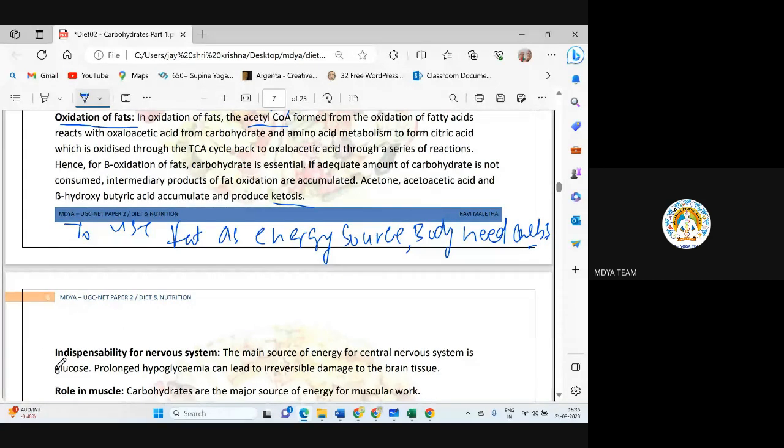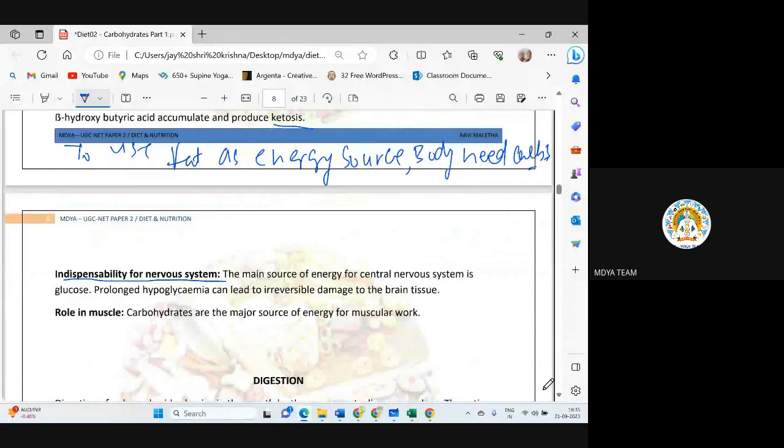Next is indispensability for the nervous system. Indispensability for the nervous system means other organs of our body, like our muscles and some different organs like the liver, can tolerate deficiency of carbohydrate, can tolerate deficiency of glucose.